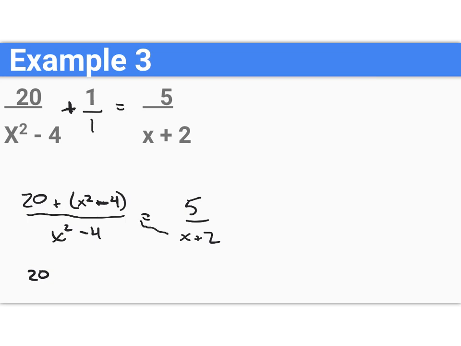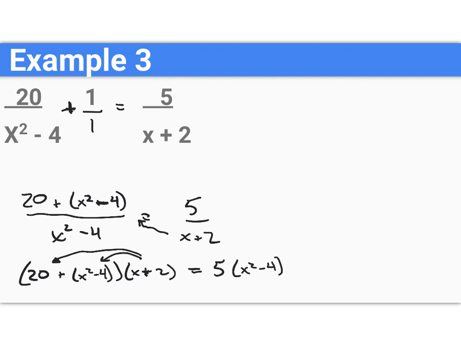Please be careful and watch what I do. The 20 plus x squared minus 4 stays in parentheses, and we put the whole thing in parentheses with x plus 2, so we make sure we distribute. That's going to equal 5 times x squared minus 4.